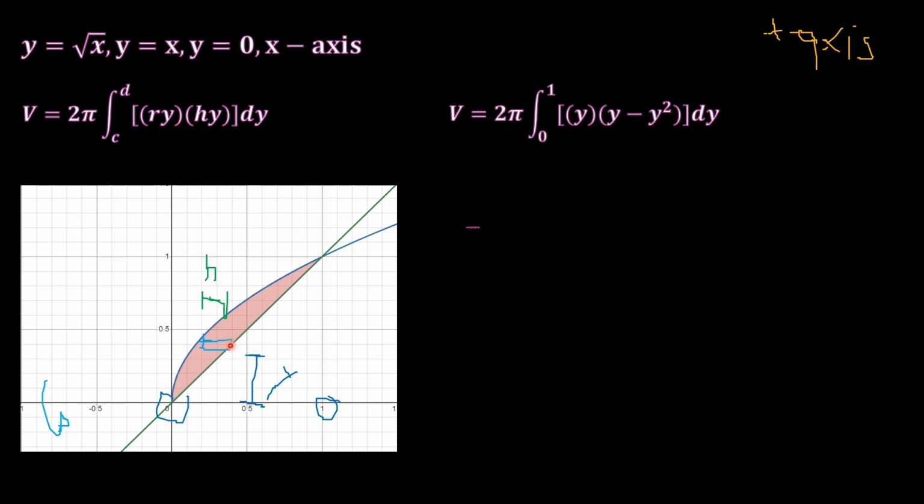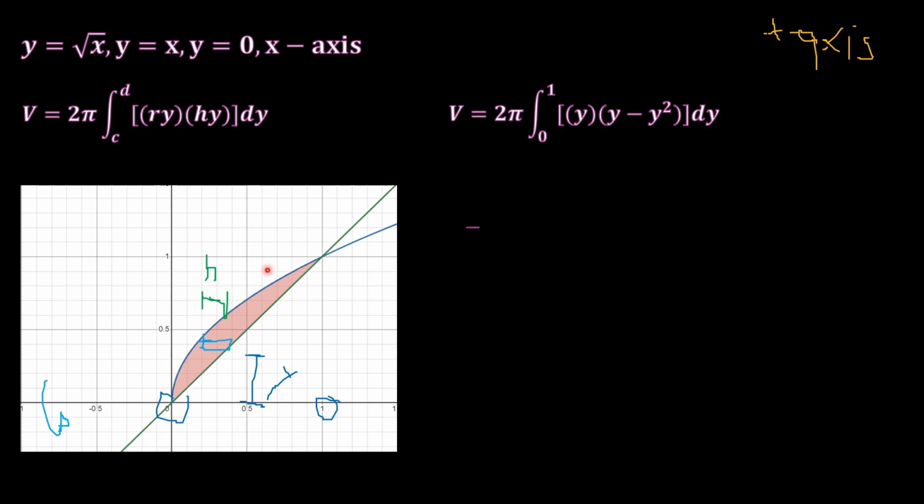Now the reason this is y minus y squared is we are finding again the height of this, the length of this rectangle. So it is essentially this linear function minus this radical function, or sorry, square exponential function in terms of y.